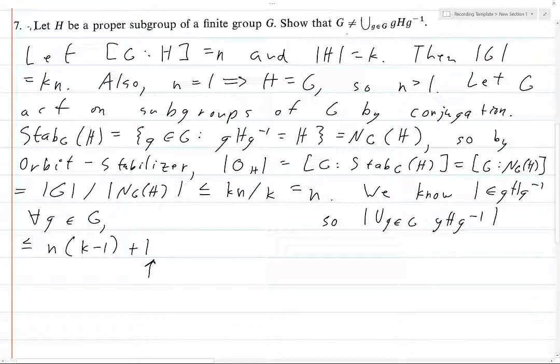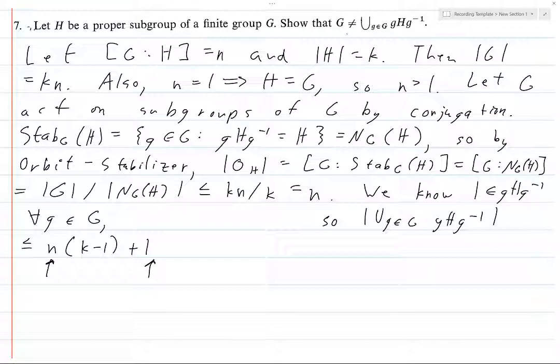But then how big could the other conjugates possibly be? Worst case scenario, the orbit of H is less than or equal to n. So we have at most n distinct conjugates that we get from taking this union. And in each one, the only thing we know is that it contains 1, and it can't be any bigger than the size of H, obviously.